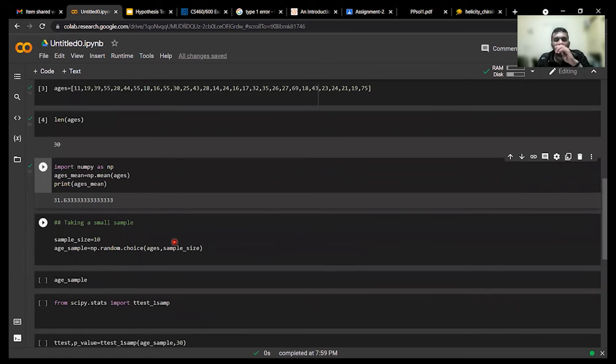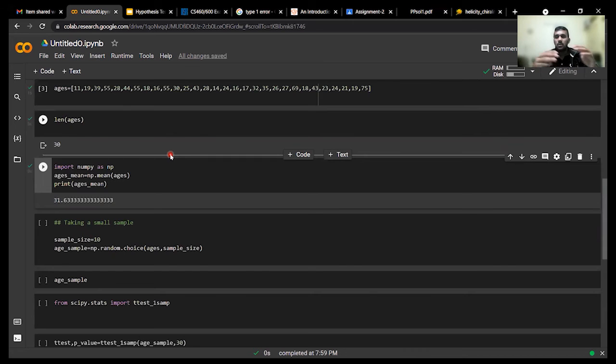Now let's focus on a small sample size. Let our small sample size be 10 people. So out of these 30, we focus on 10 people, and we see whether their mean is comparable to the mean of the whole data set.